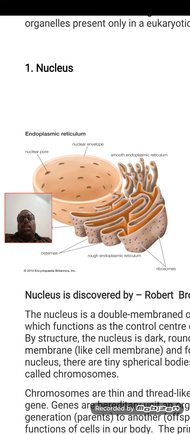If protein is not synthesized, the cell will never know what it has to do. The message about which protein to synthesize is present inside the nucleus in the form of DNA, which will later be converted into protein.